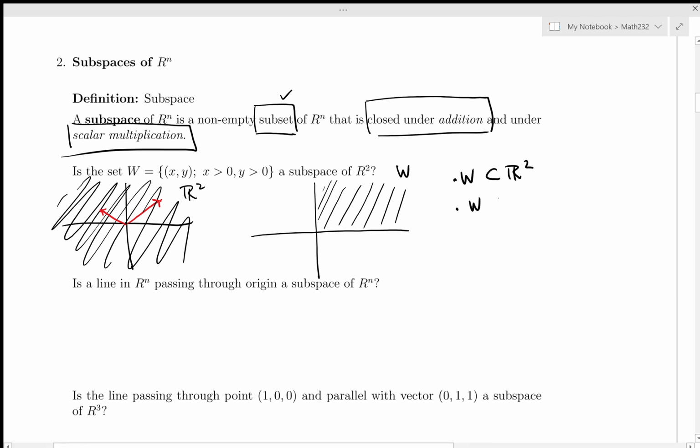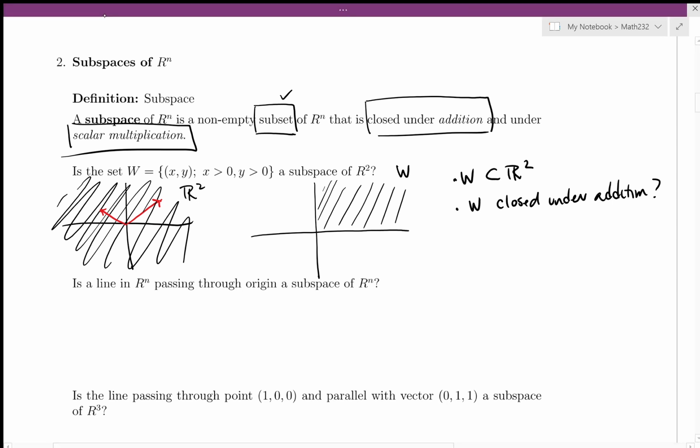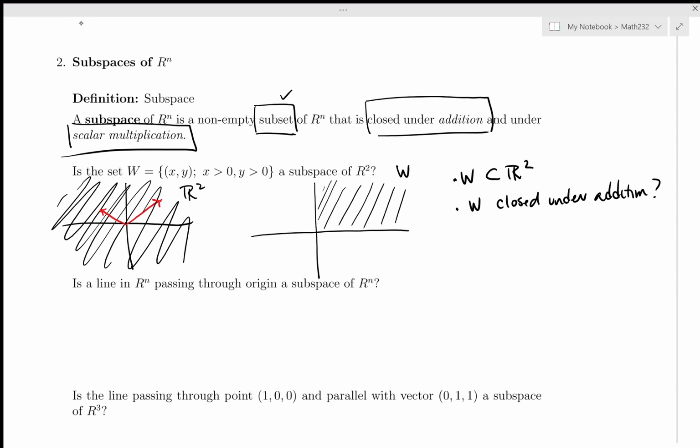So I'm asking this question: is W closed under addition? I'm imagining taking any two vectors in W, this one say, and this one, V1 and V2, and I add them together. A picture of what that looks like: I get this here. I get V1 plus V2.